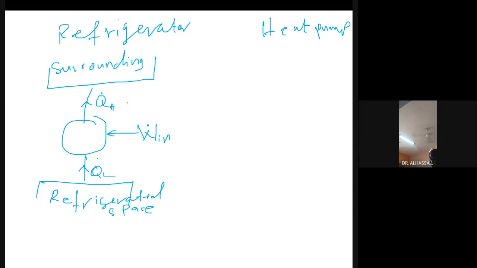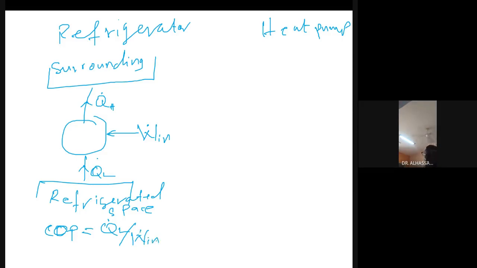All right. Then for a heat pump, what is the COP? The COP for a refrigerator equals the desired output, which is QL, divided by the required input, which is W in.